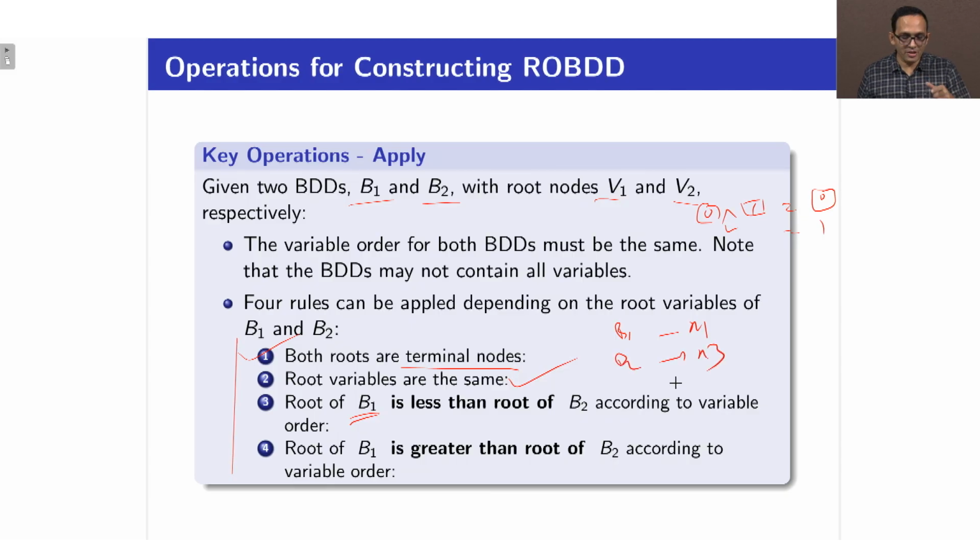That means BDD B1 starts with a variable that comes before the root node of B2 in the order. Okay. This is another scenario. And the opposite scenario is the other one, where B1 has x2 as root node and B2 has x1. That means the root node of B1 is greater than the root node of B2 in the order. This is the opposite case of the previous one. So, these four scenarios are the only ones that can happen. And if such a scenario happens, how do I combine, right, that is the question. So, these rules we will understand.